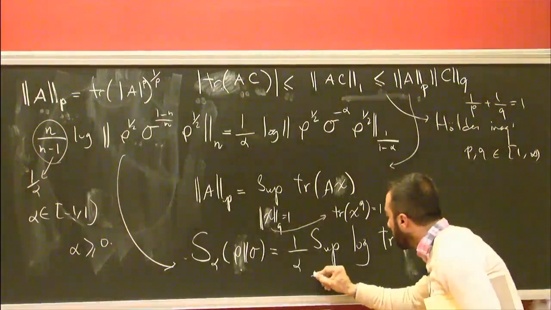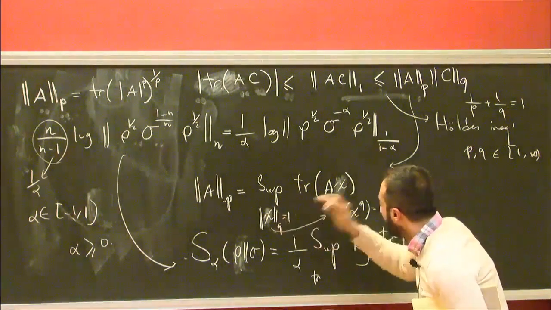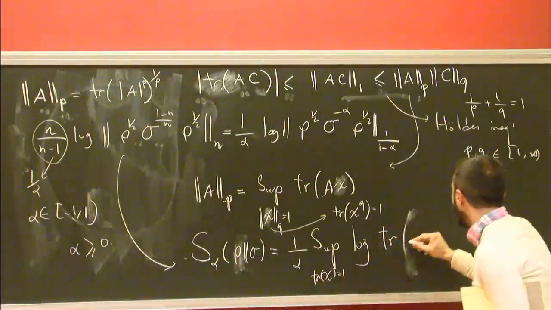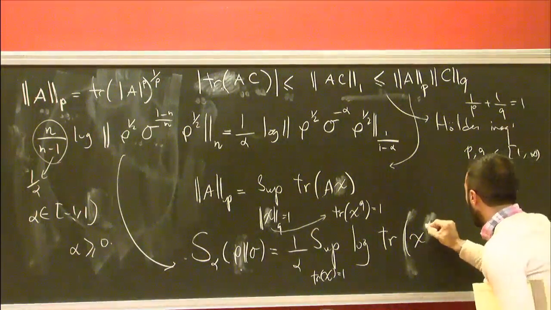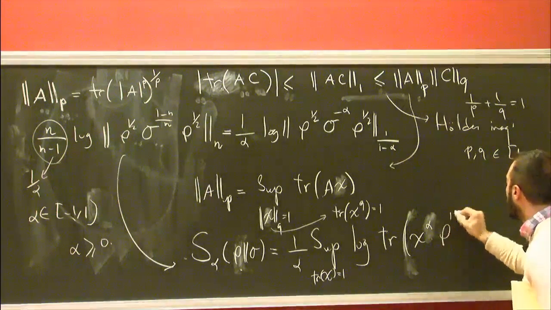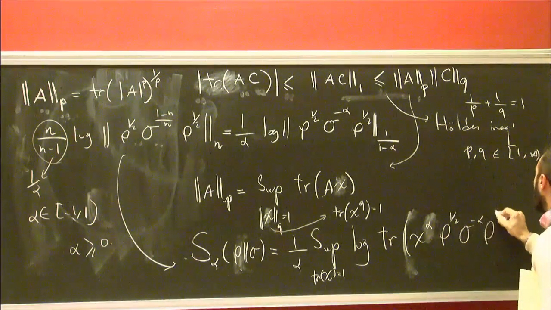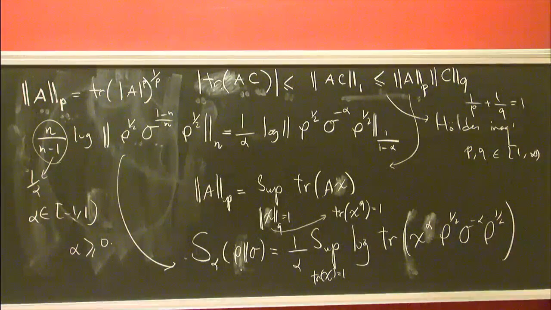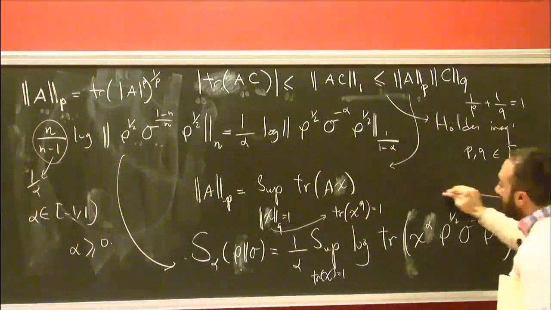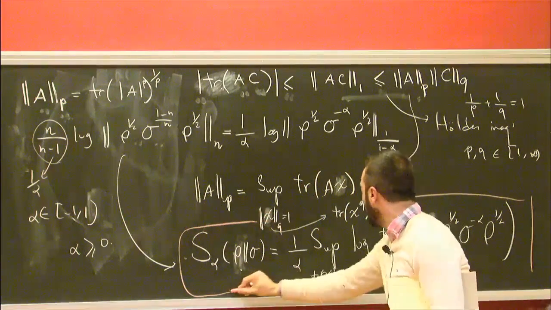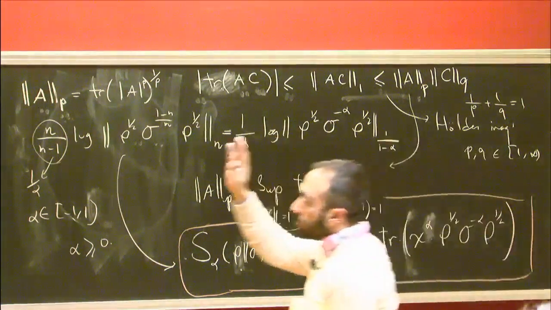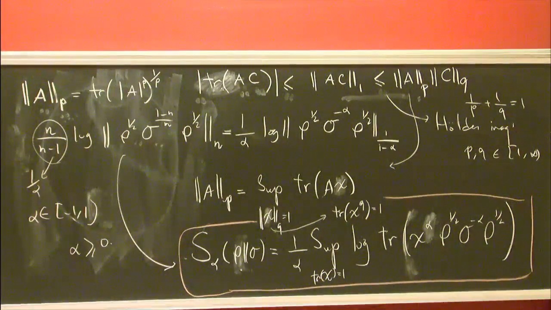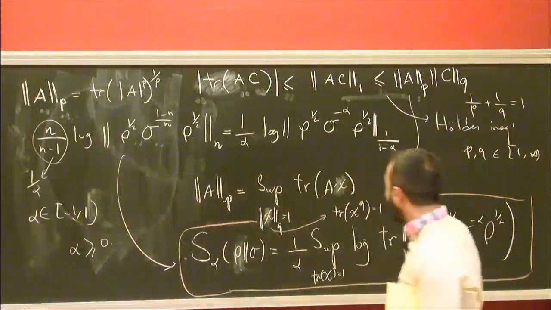It could be written in the following way, as rho half sigma minus alpha rho half. All right, this is the final form. I'll not change this anymore. After some rather trivial algebra, we massaged the quantity we started with into this quantity, and we wrote it in this language.